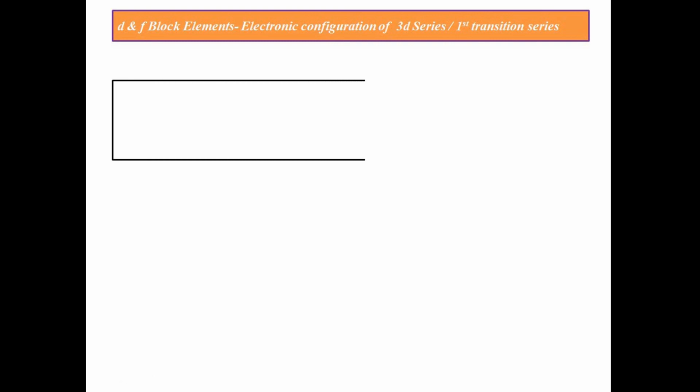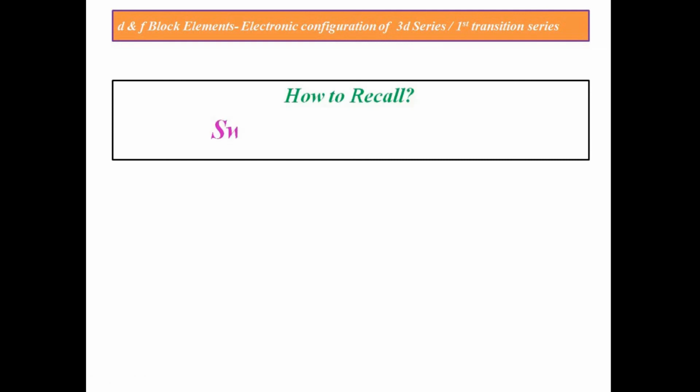For this, a number of tricks are there. One of those tricks I am going to discuss here. For this you have to recall this sentence: Swati Vikram for Onyx.